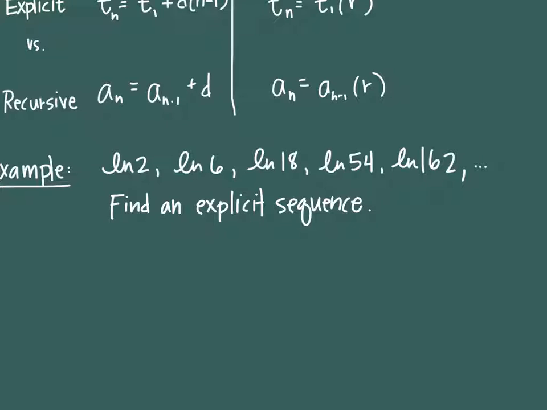Okay, what is the commonality? Multiplying what by 3? Okay, so you're saying it's natural log of 2 times 3, natural log 6 times 9, no. Oh, well, how do you do that?